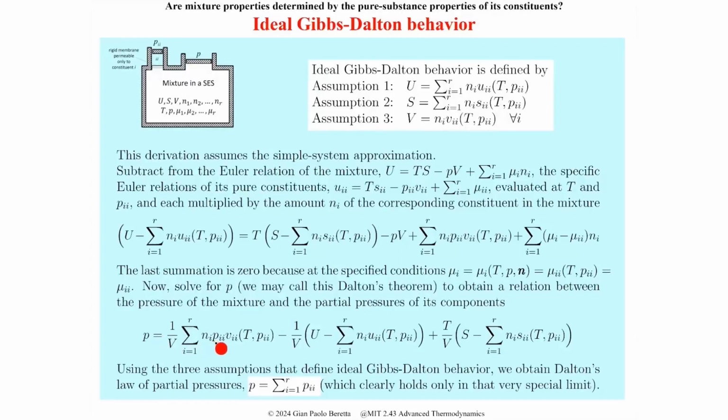And then what I'm left with in the summation is just the partial pressure. So I finally get that if these three assumptions are all holding together, the pressure is equal to the sum of the partial pressures. And this is Dalton's law.